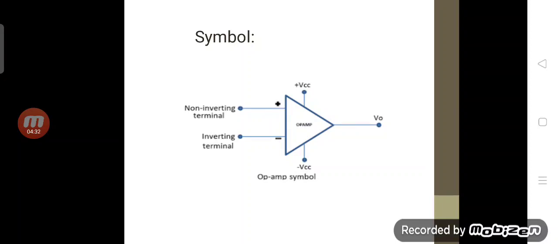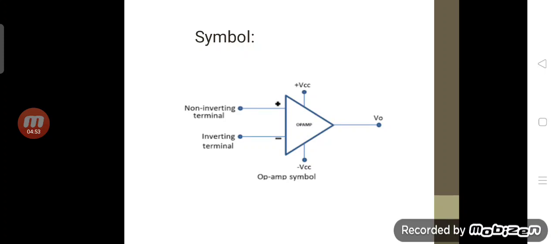Now if you see this circuit symbol of the op-amp, it consists of two inputs and one output. Most of the amplifiers consist of two power supplies, the positive and negative power supply. But there are many op-amp ICs which run on a single power supply.